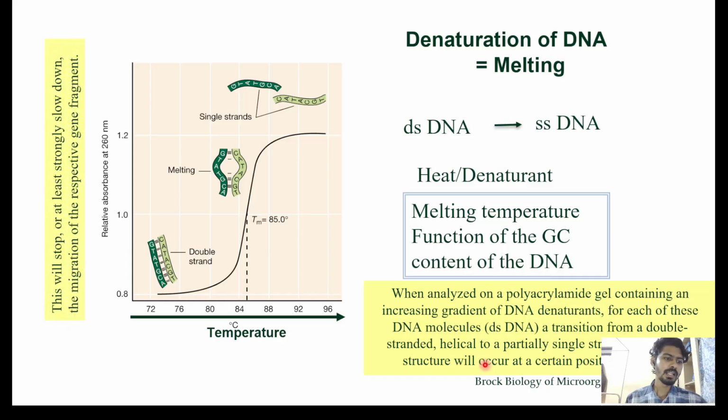And this will stop, or at least strongly slow down, the migration of the respective gene fragment. So the main principle here is the melting point, where we will use some denaturant or heating for identifying the microorganism.